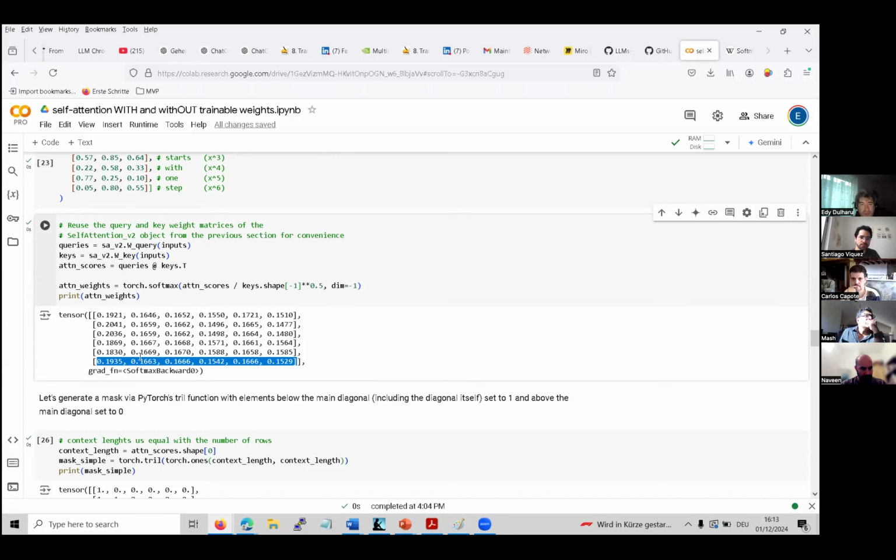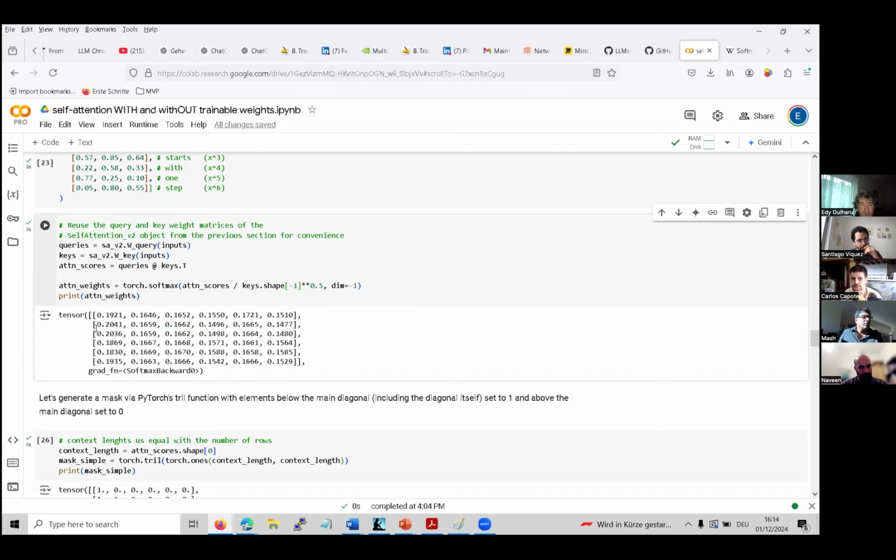Okay, so let's take the second row in this matrix. This line represents the attention of the query journey. Journey is the second token in the sentence. We have 6 tokens, and for each token we have a row. So this line represents the attention of the query journey to all the other keys, all the other elements in the input sequence.